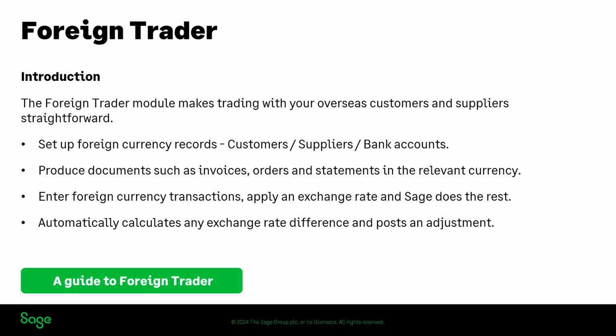Now, you can set up foreign currency records for your customers, suppliers, and bank accounts. And it means that when dealing with those, virtually everything is then in the relevant currency that you specify. So when you're dealing with a customer, or a supplier for that matter, and you're querying balances on your account, the activity on your account, you're essentially talking the same numbers.